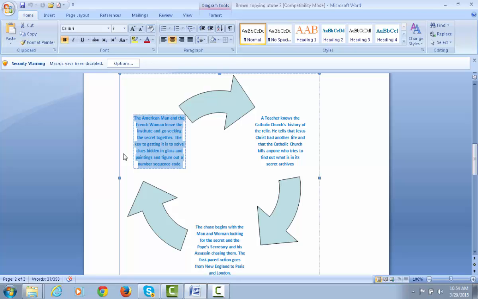The key to getting it is to solve clues hidden in glass and paintings and to figure out a number sequence code that gets them into a safe deposit box. A teacher is introduced who knows all about the Catholic Church's history, especially about the relic.